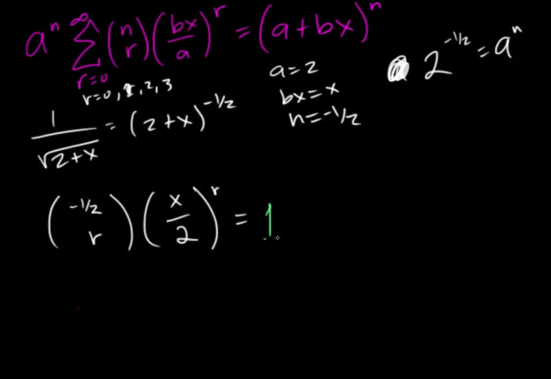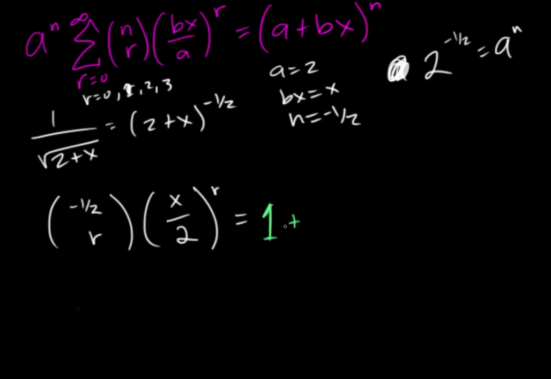So overall it's just going to be 1 times 1 for our first one. Once again, if the r is a 0, this combination goes to a 1. If this is a 0, anything raised to the 0 is 1. 1 times 1 is 1.